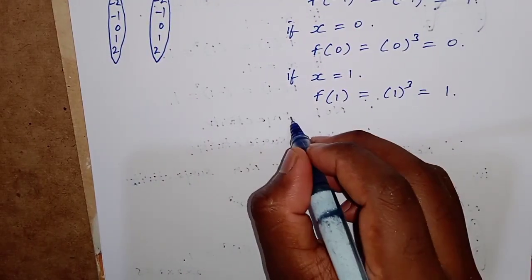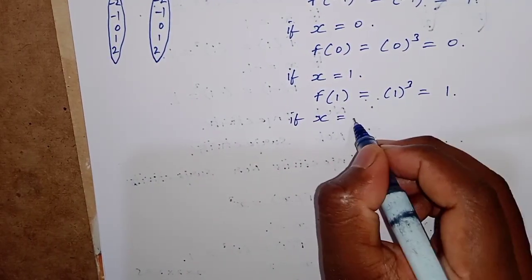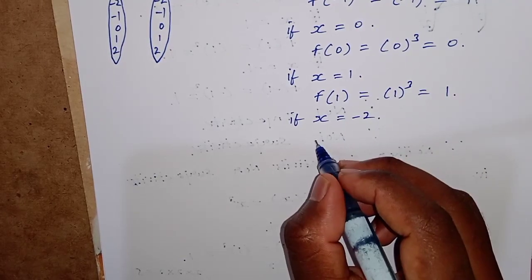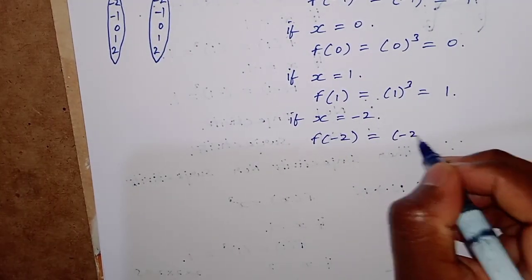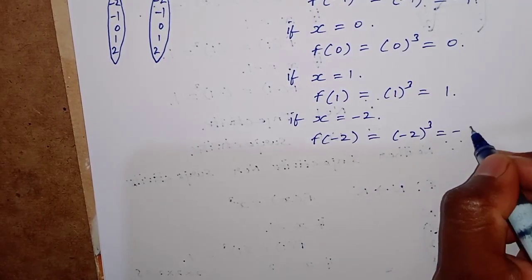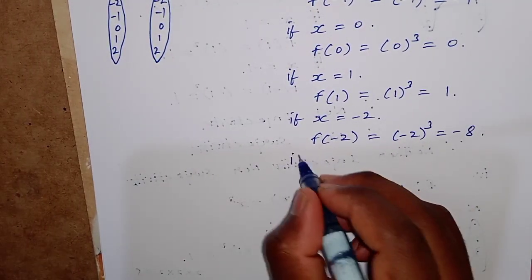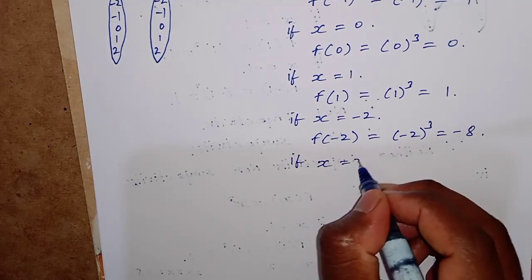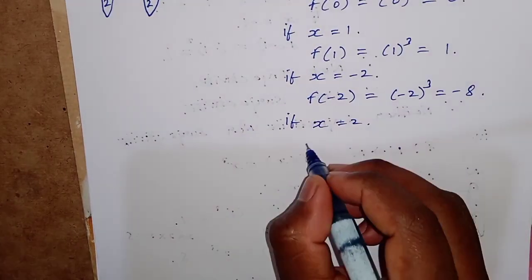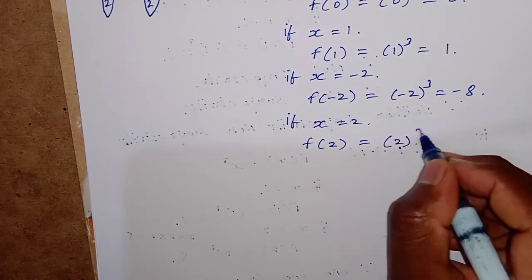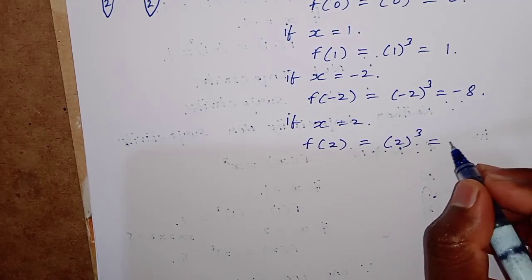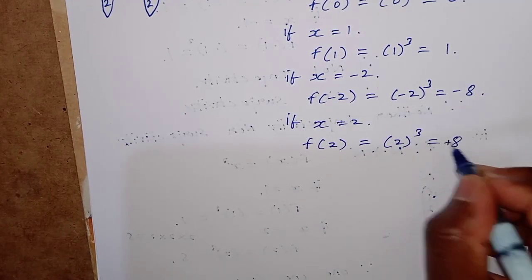If x equal to -2, f of -2 equal to -2 cube, you will get -8. For x equal to plus 2, 2 cube, 2 2s are 4, 4 2s are 8, plus 8.